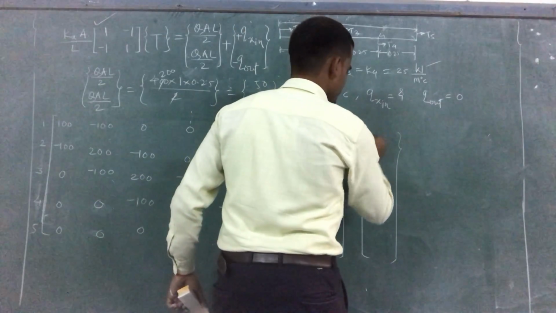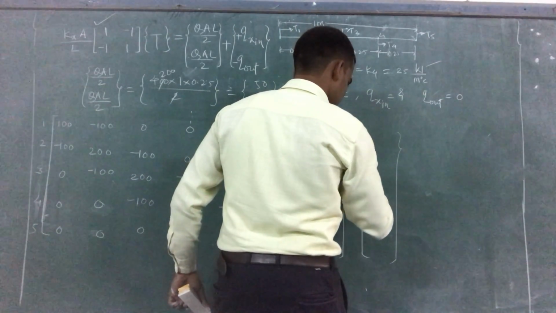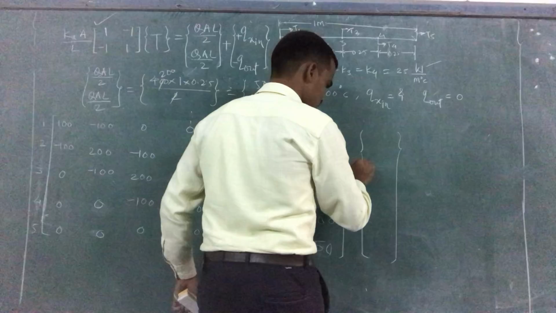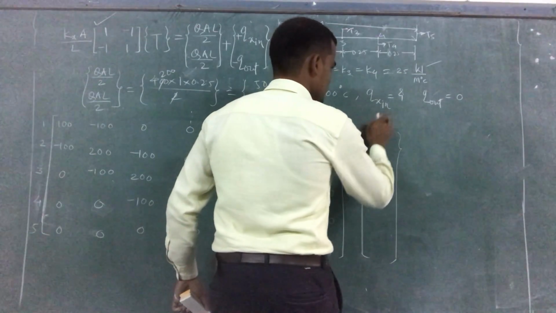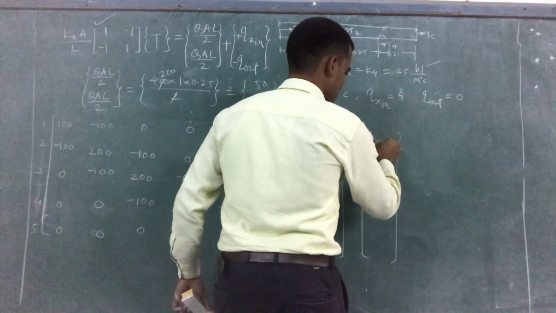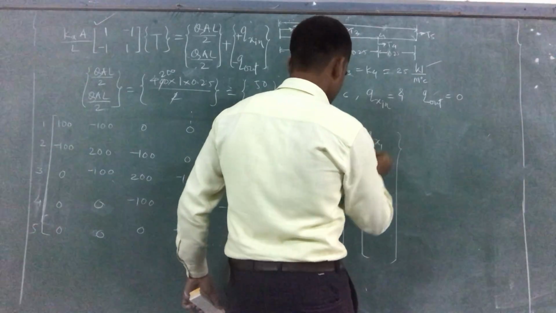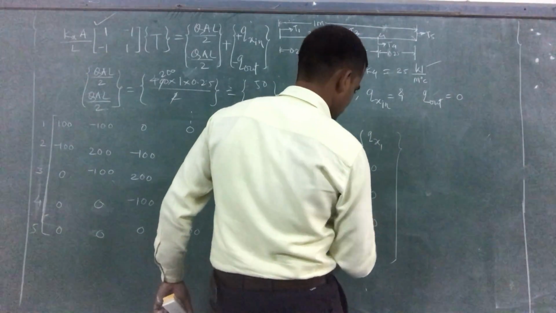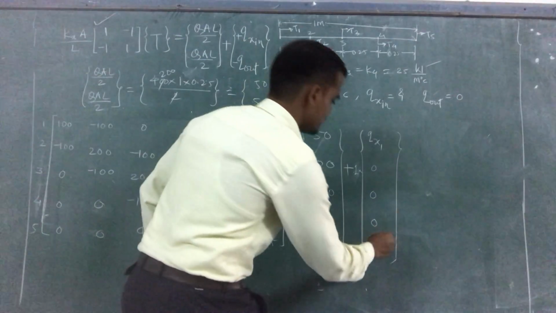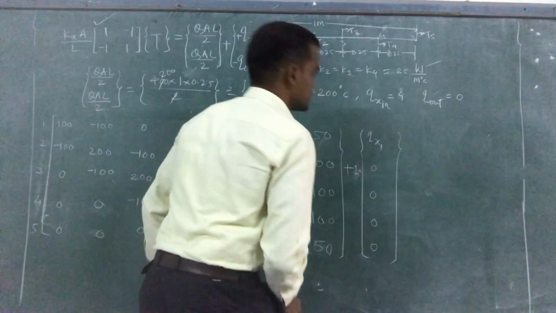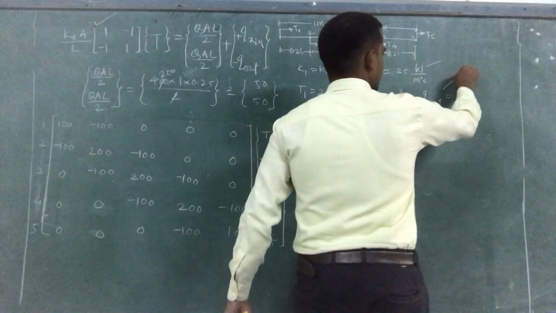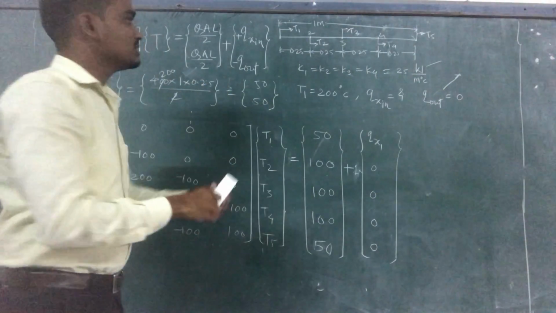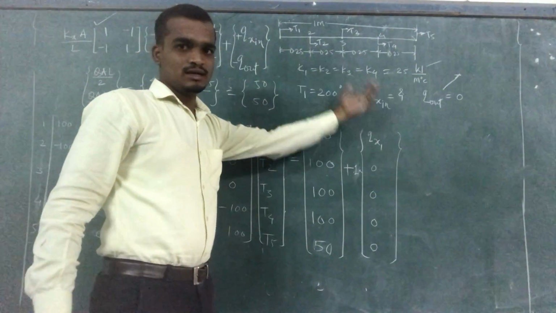So this becomes area, which is 1 meter, times this, so Qx1 we need to find out. At the second, third and fourth it is equal to 0, and finally the fifth is also 0, because Qx is equal to 0 due to the insulation on the right hand side.